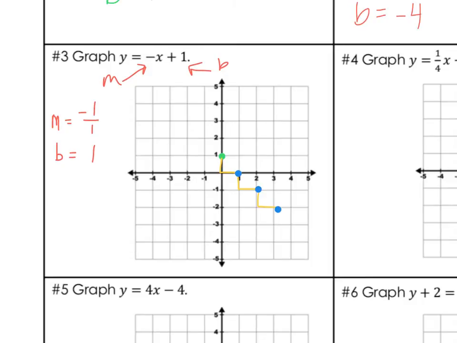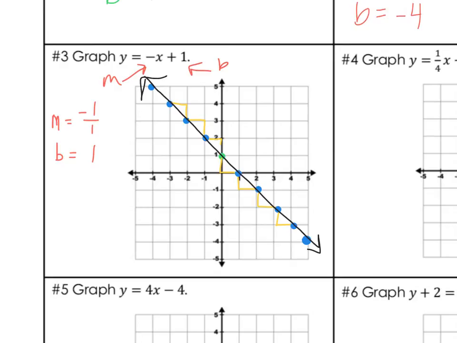Fill it up. Drop 1, run 1. We could also reverse the order and rise 1 and go backwards 1 and continue the pattern in the other direction. So our final step then is just connect the dots, draw the line, and there you have it.